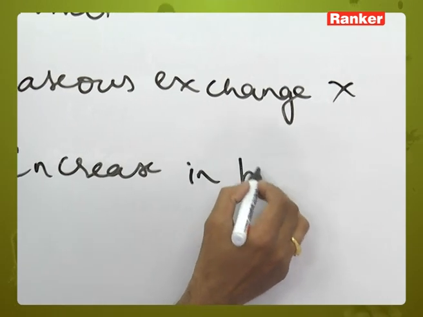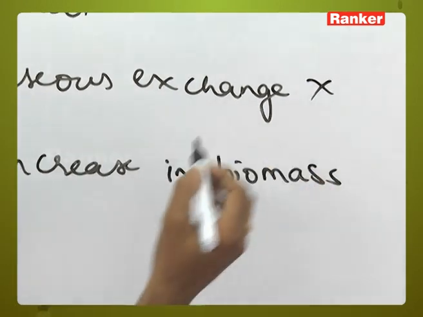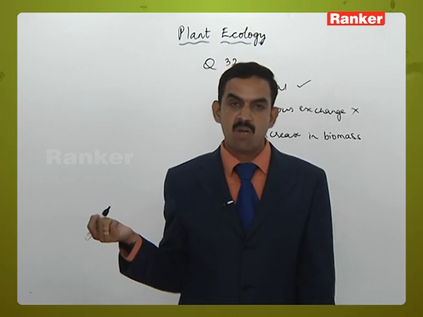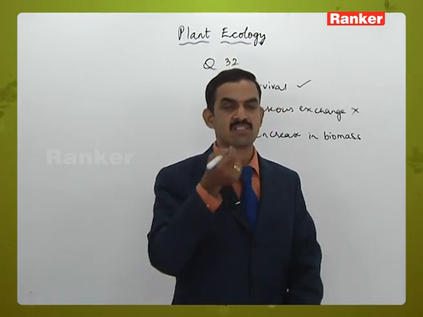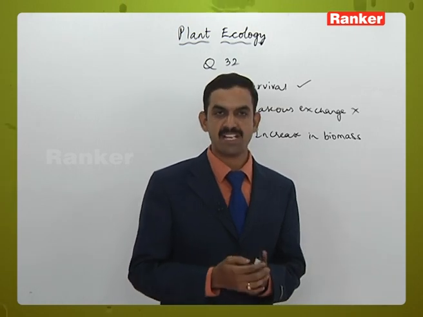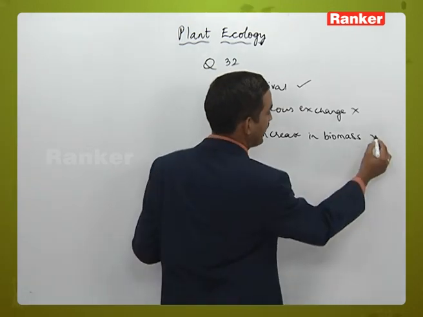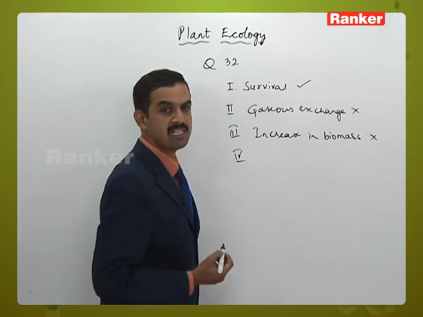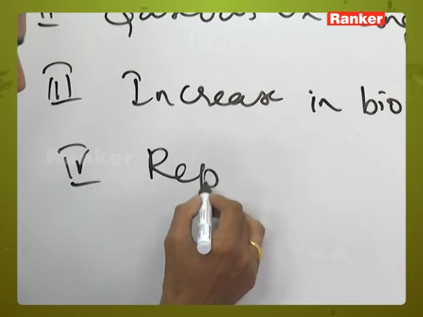And the third one is increase in biomass. That means the organisms are not adapted to the environment to increase their biomass. So this is also incorrect. Then the fourth one is reproduction.